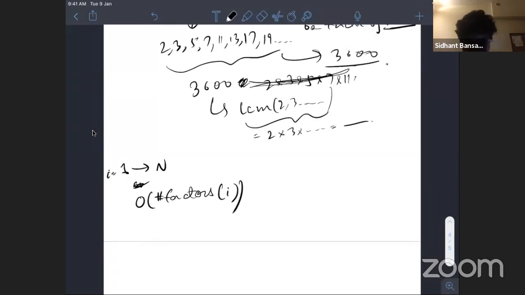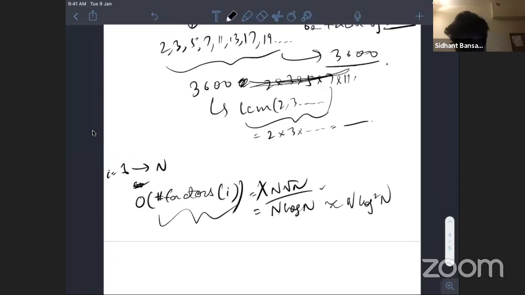Here you are effectively doing the number of factors of 1, number of factors of 2, and so on, up till the number of factors of n. In this case, it's not actually going to be n root n. Some people think it's going to be n root n because each guy will have root n factors. This is going to be more or less like n log n or maybe n log square n, but nowhere near n root n. It won't be that expensive.